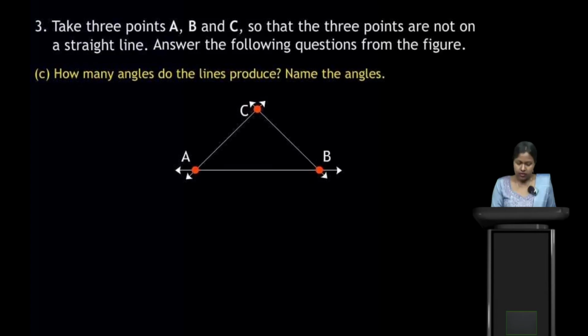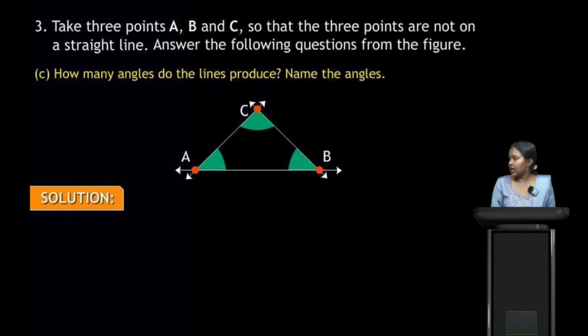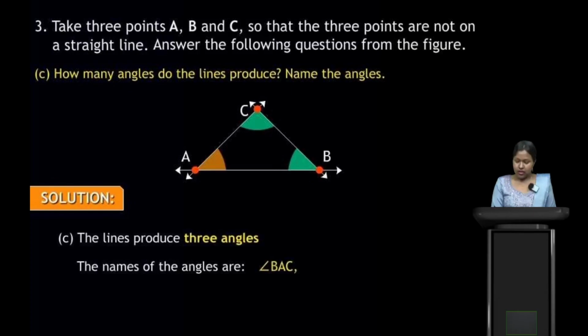So let's see. Here are the 3 different angles, and the names are angle BAC, another one is angle ABC, another one is angle BCA. Okay.